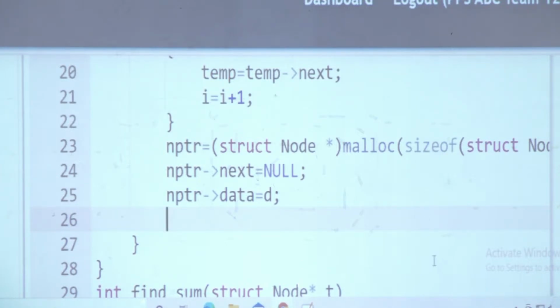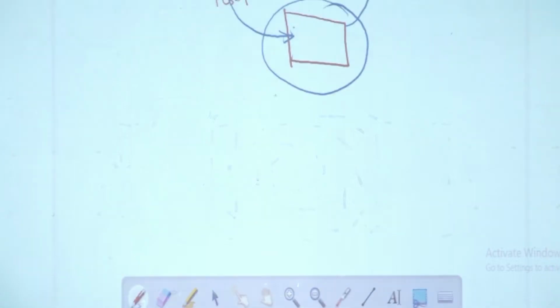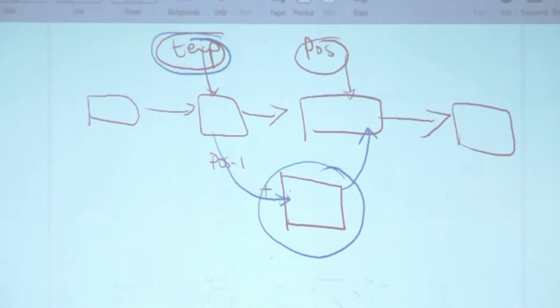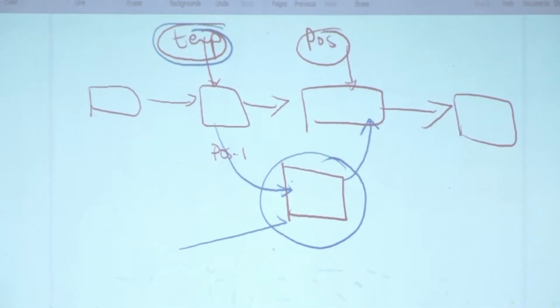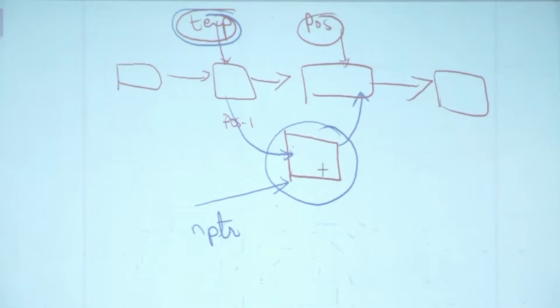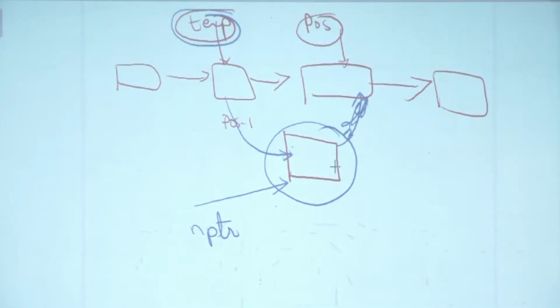So going back to our picture, to give you, those of you who are very slow, this is nptr. The new node that we have created is nptr. Right now its next is null, and its data is whatever you want to insert. So if this is 10, 12 and 15, and if you want to insert 14, this is what it is.